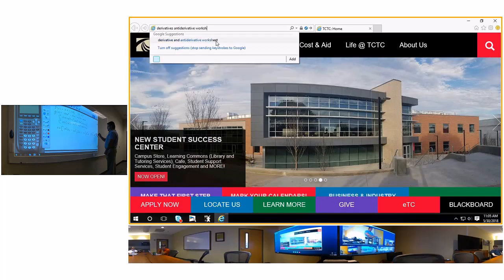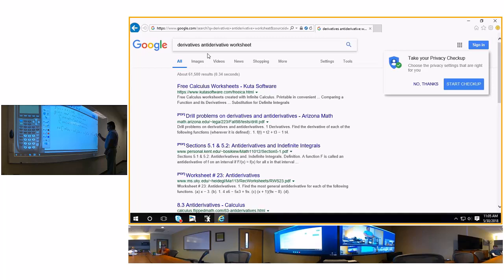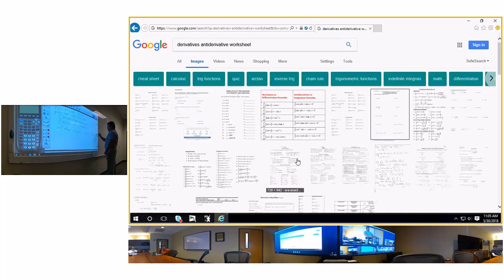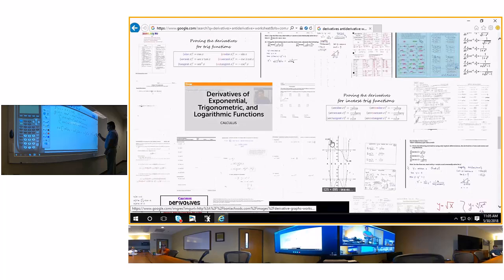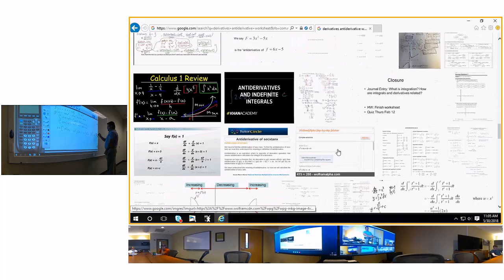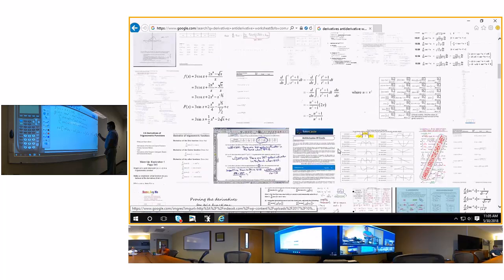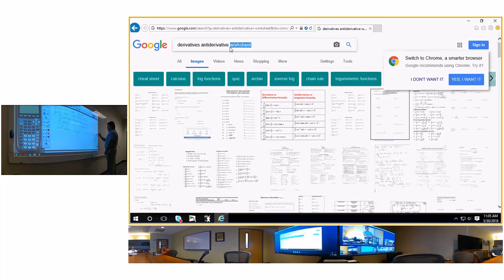Doesn't have to be worksheet, and then hit images. I had a good one picked out for y'all last semester, but I don't know where it is now. But just find a cheat sheet.